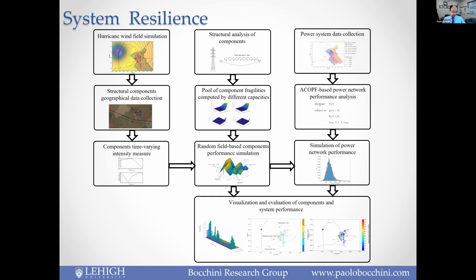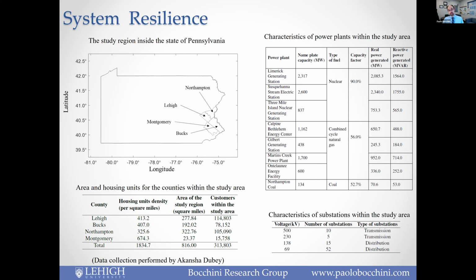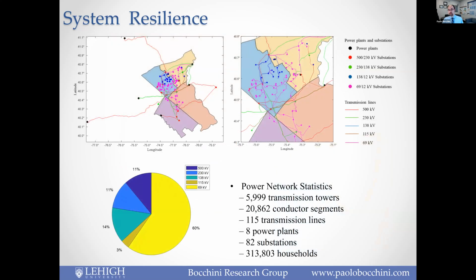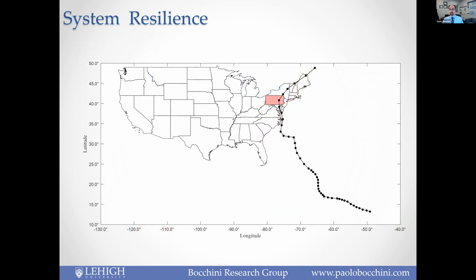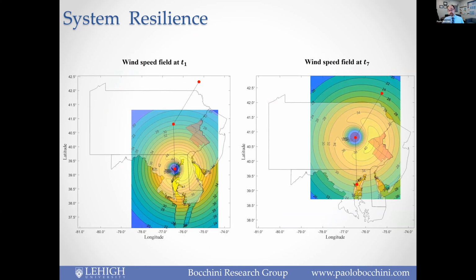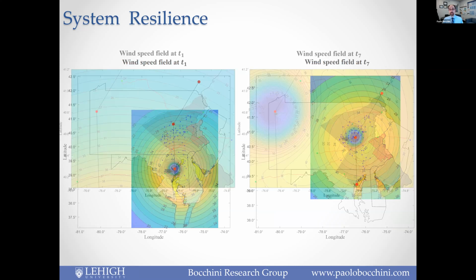I will just show you briefly an example of application for Eastern Pennsylvania, where we took the data on every single tower and every single conductor cable, their geometry, their location, and we studied the entire power network. We ran a hurricane through the region, and we studied the probability of failure of each tower, each conductor cable, each power line, and the system as a whole, and the probability of being able to satisfy the power demand.